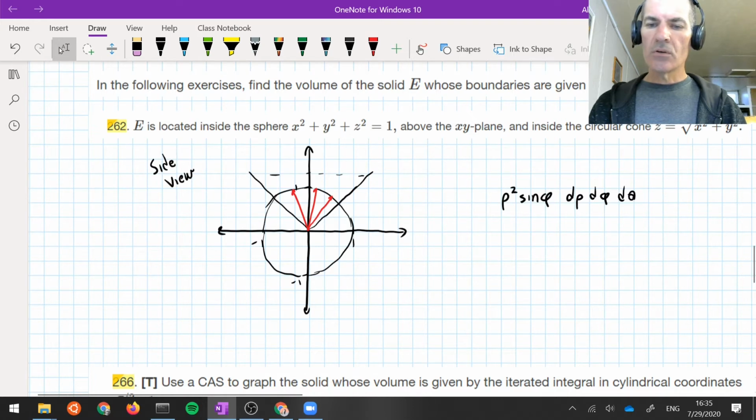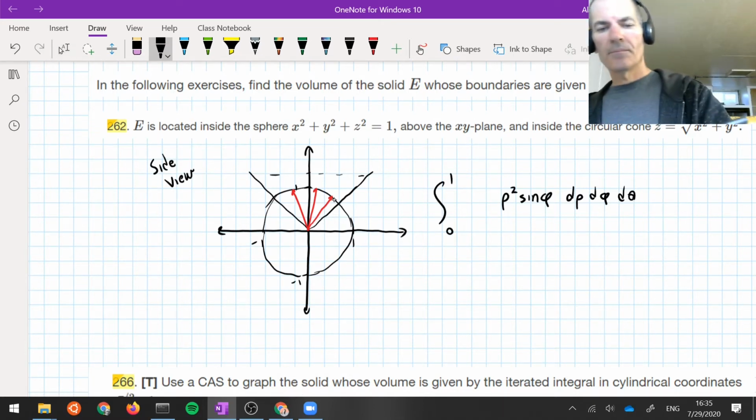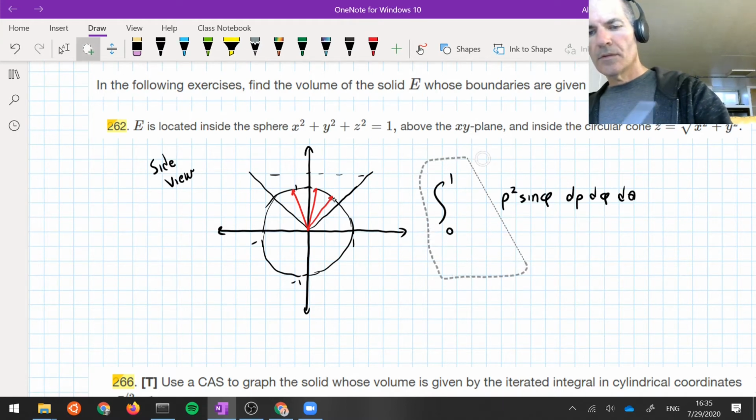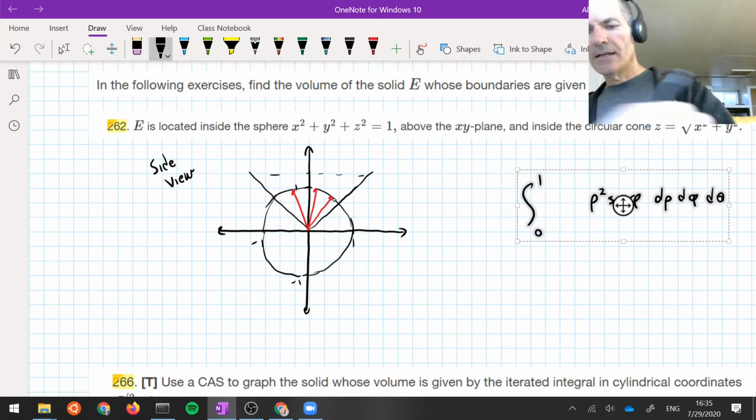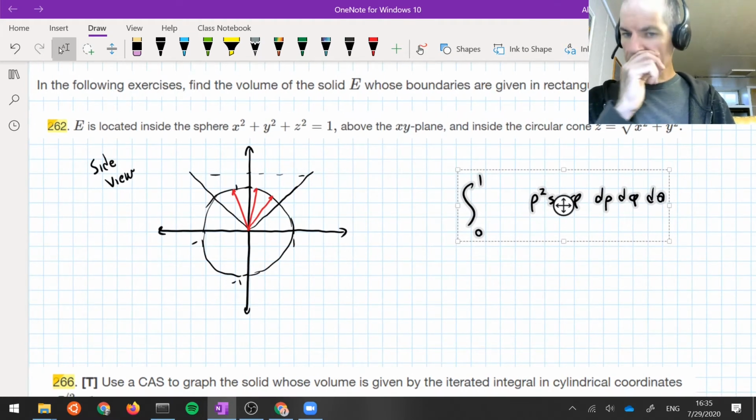So as rho travels from the origin out to the sphere, it travels a distance from 0 to 1. I'm going to move this out a little bit so that I have more room. That leaves phi.